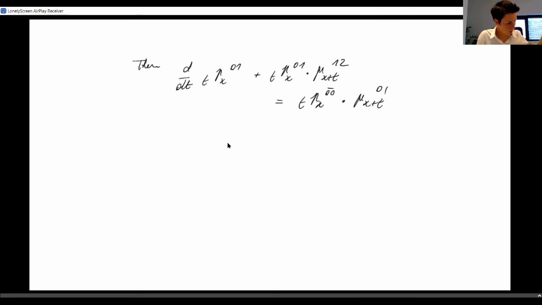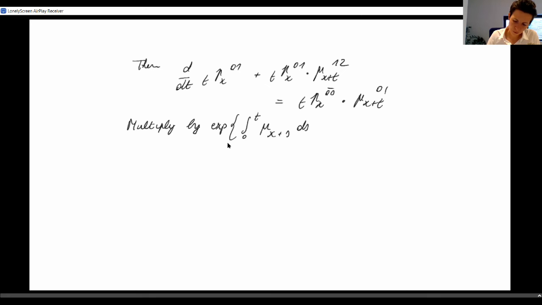I'm now going to work towards the expression that you had on the sheet. So what am I going to do? I'm going to multiply both sides by the exponential of the integral from 0 to t of mu x plus s 1 2.